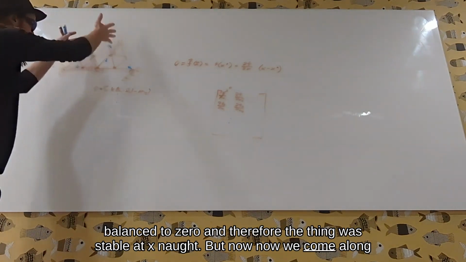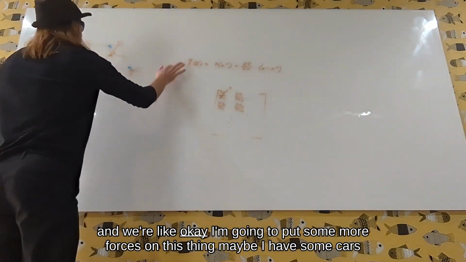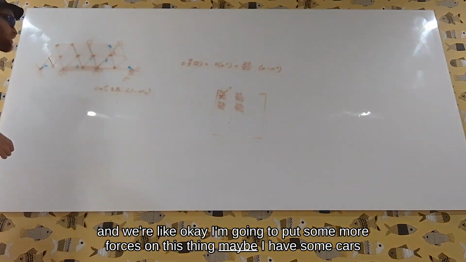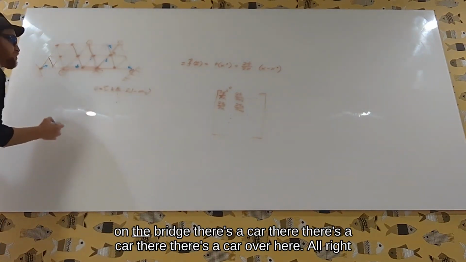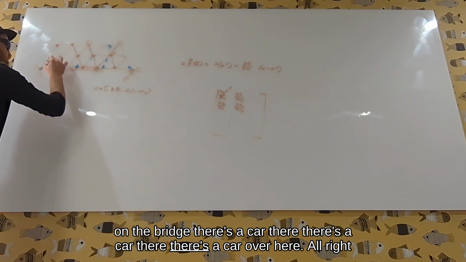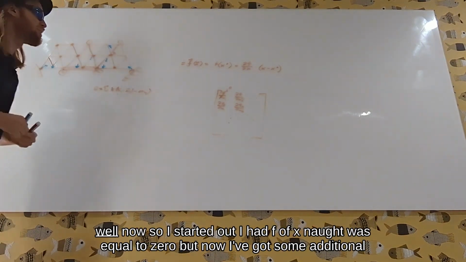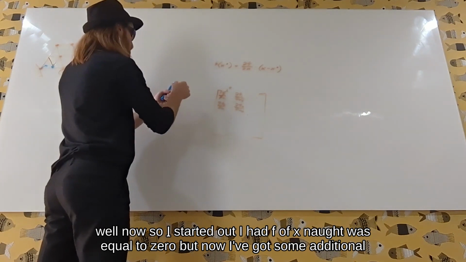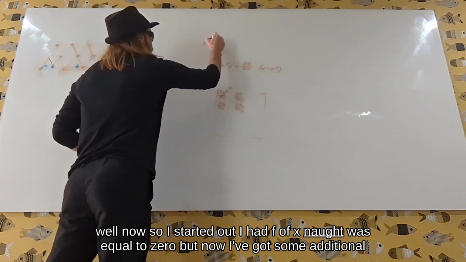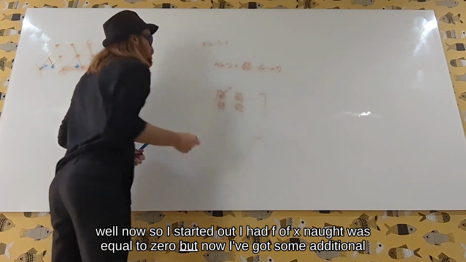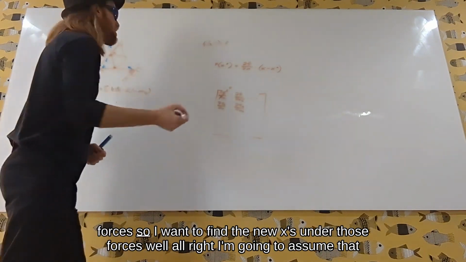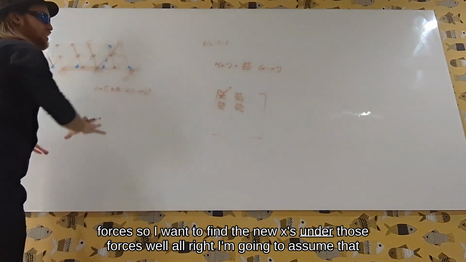Therefore, the thing was stable at x naught. But now we come along, and we're like, okay, I'm going to put some more forces on this thing. Maybe I have some cars on the bridge. There's a car there, there's a car there, there's a car over here. All right. Well, now, I started out, I had f of x naught equal to 0. But now I've got some additional forces. So I want to find the new x's under those forces.